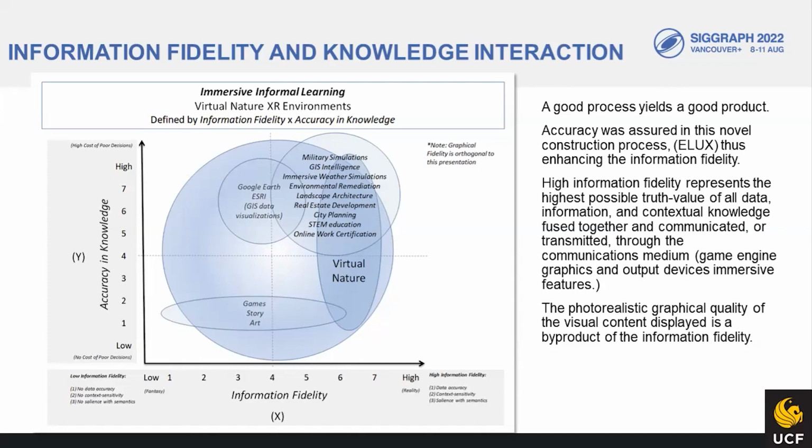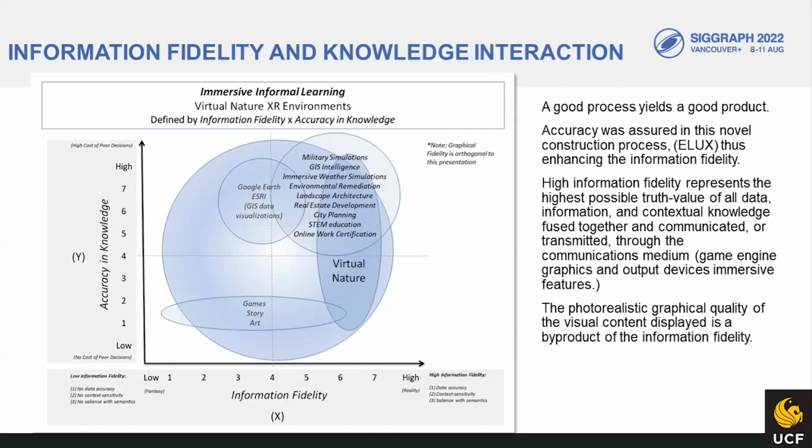Environmental remediation, landscape architecture, real estate development, tourism, city planning, STEM education, and any kind of online work certification that is geospatial, right? You have the high information fidelity, the high graphical fidelity, you have the immersion, you have the presence. All of these factors are the result of the combined design factors of these systems.